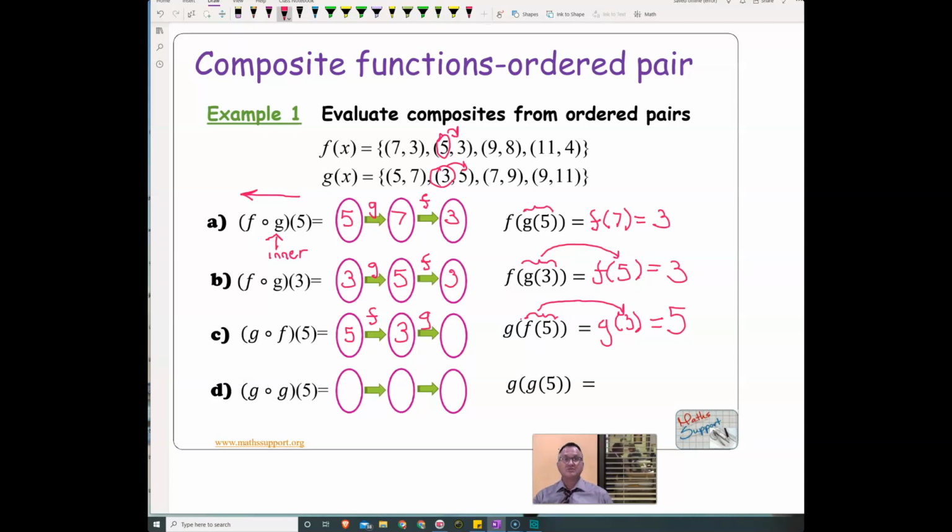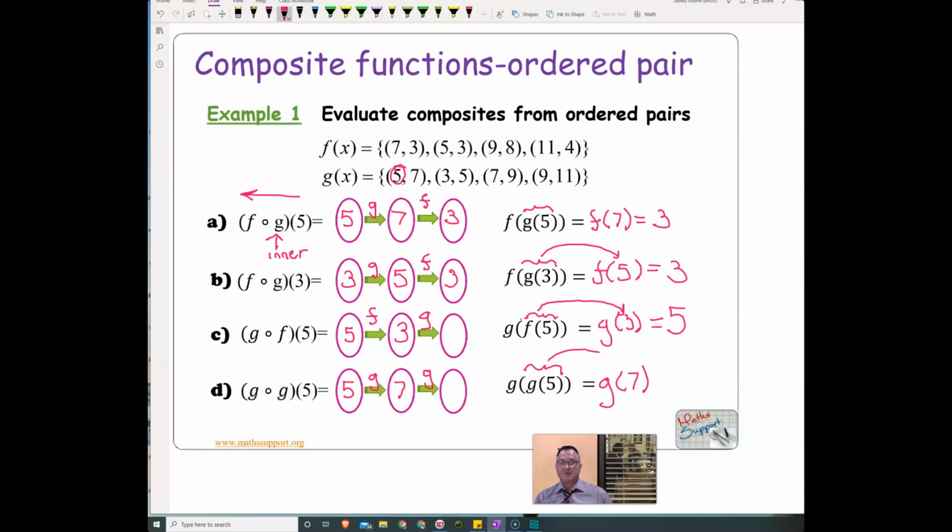And now our last one, it's g of g of 5. So now 5 is your input. It's going to go through function g, come out, then you're going to put it back in function g. So if I put 5 in for g, I get a 7. 5 goes in, 7 comes out, so this becomes g of 7.